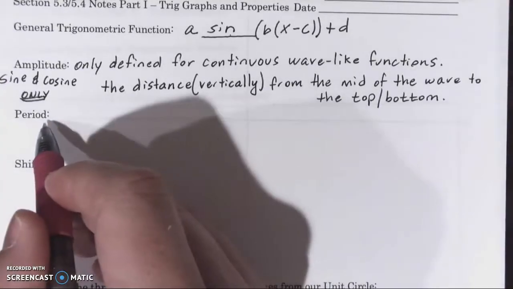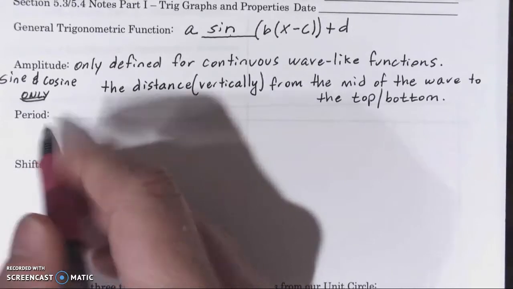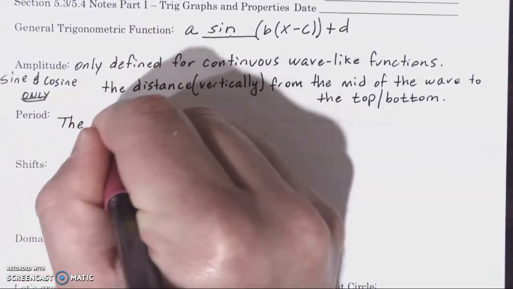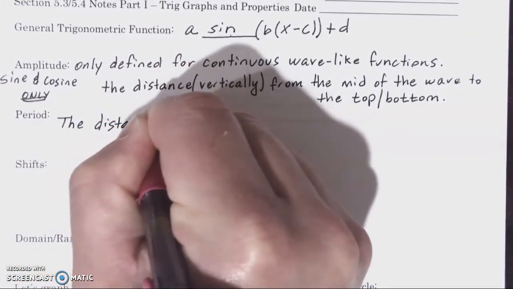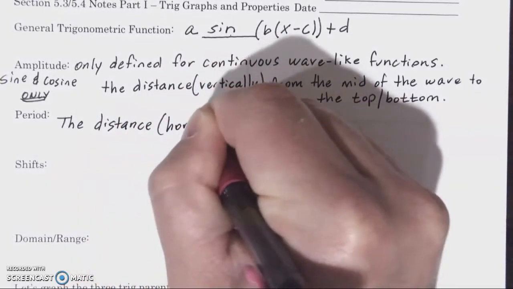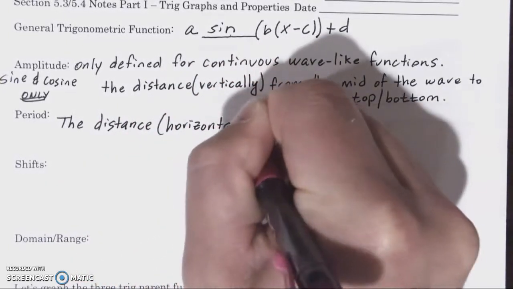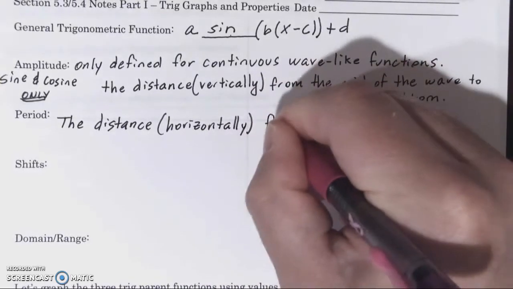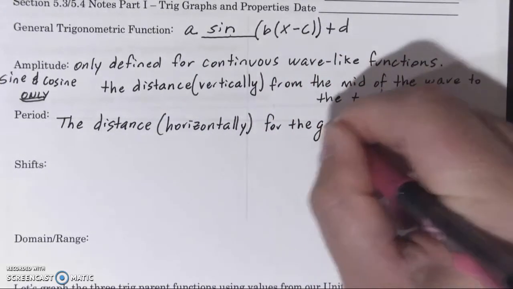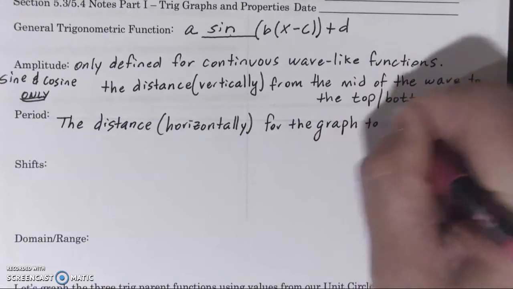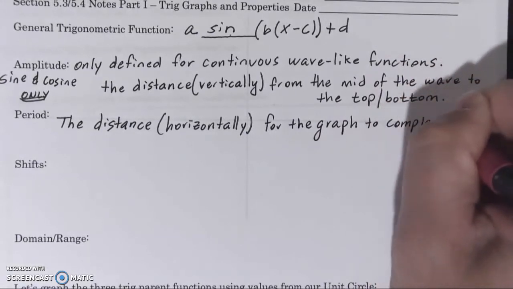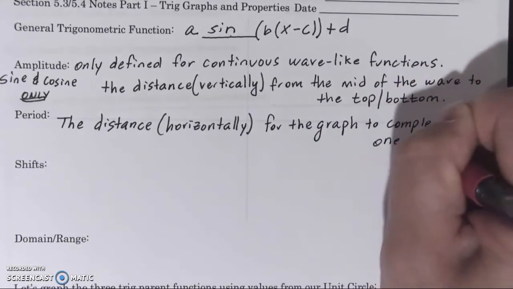Okay? The period of a trig graph is the distance horizontally for the graph to complete one cycle.